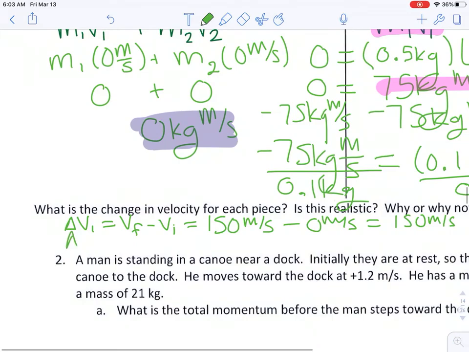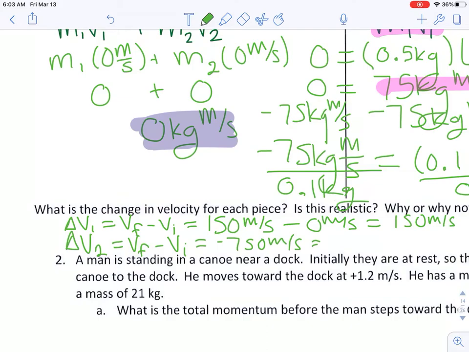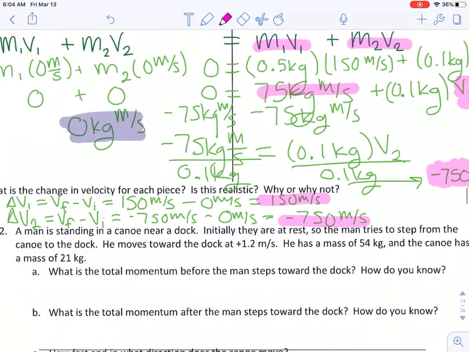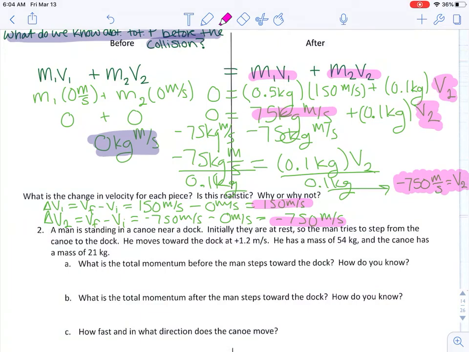The other piece we just calculated for ended with negative 750 meters per second and started with 0, just like the first object. And so that ends up giving us negative 750 meters per second. Okay. And so we ask ourselves which object was bigger.